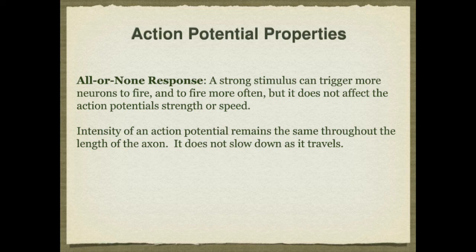So maybe a question about the intensity of how a neuron fires or something like that. The intensity is maintained the same throughout the entire length of the axon. It doesn't slow down. It's all or none. It doesn't partially fire. It either fires or it doesn't. So pretty easy.